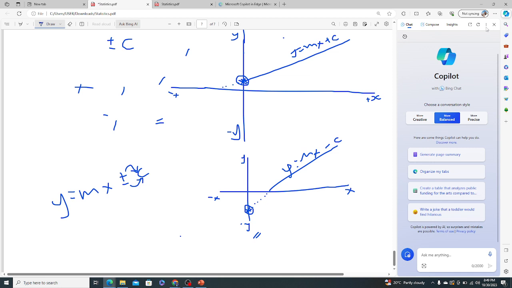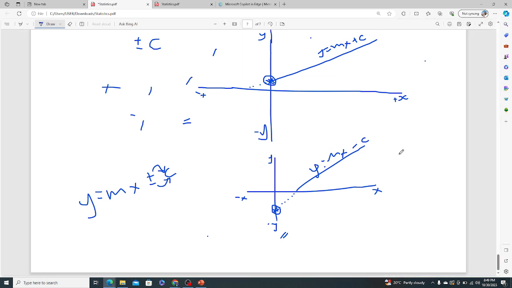In some scenarios you have a negative intercept. Let's have an equation which is y equals mx plus c, where the linear regression has generated a constant c which is negative, and the nature of the variable doesn't allow a negative value at the intercept.